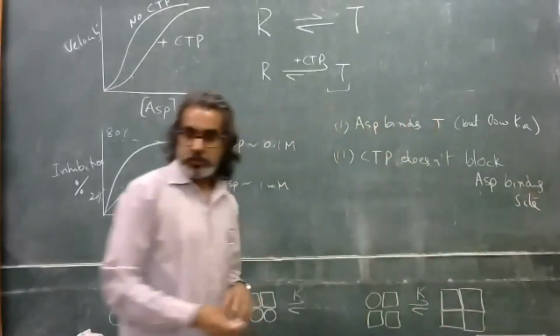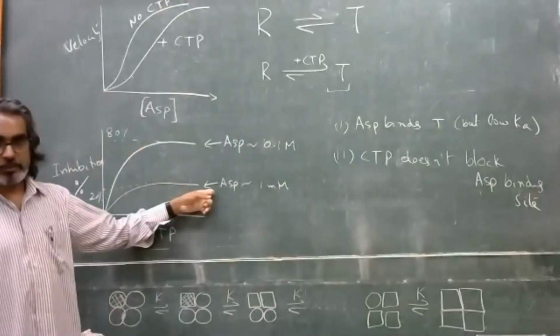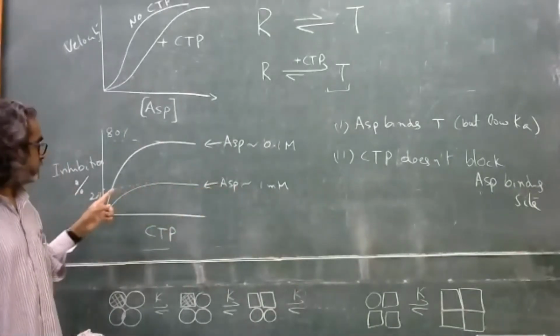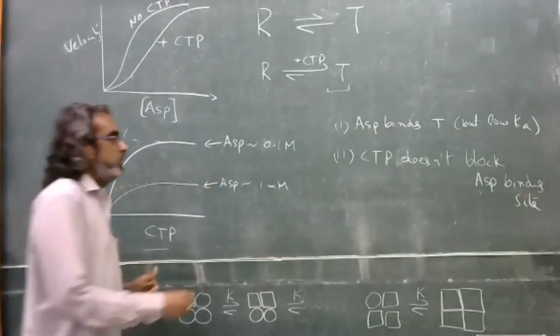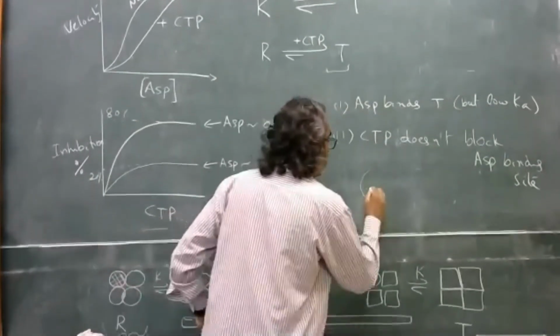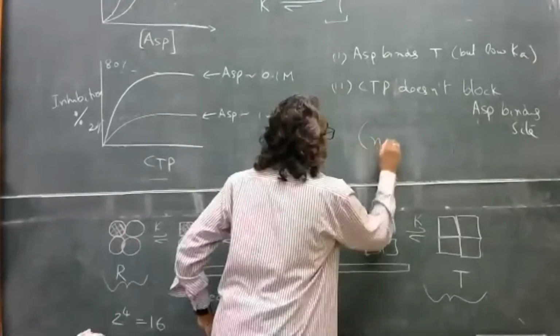CTP doesn't really bind the same site as aspartic acid, so that's why you are able to catalyze some reaction, and why inhibition is not 100%. So this is non-competitive.